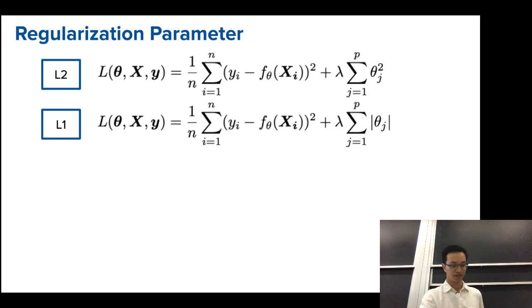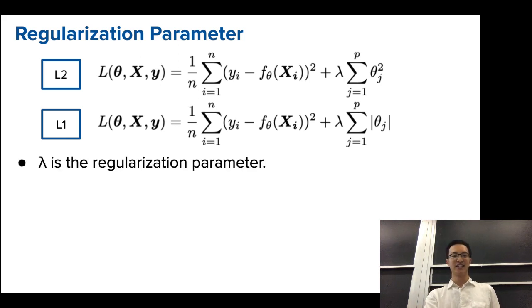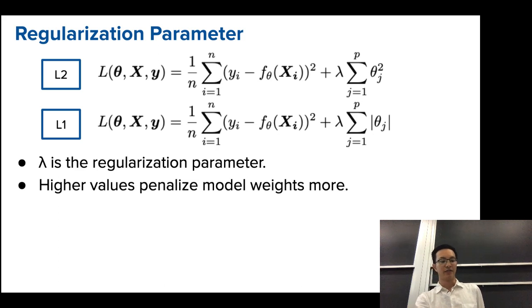The way you create that mental framework is by asking yourself the what-if questions. Here we have L2 regularization and L1 regularization. Lambda, I've mentioned before, is a regularization parameter, and higher values penalize model weights more.